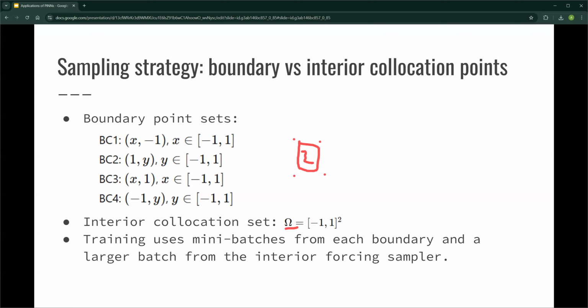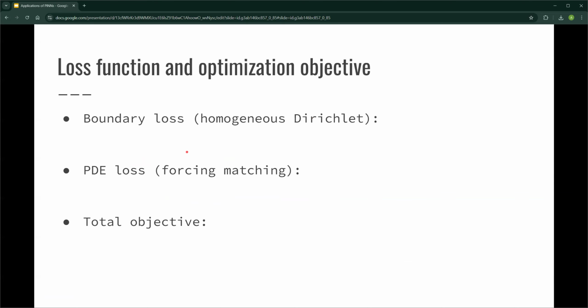The boundary is used to enforce the Dirichlet conditions, whereas the interior is to enforce the PDE residual. Typically, we will use a larger batch size for the interior points than the boundary points because the PDE constraint governs the global structure of the solution. So this is very important when we construct our data.